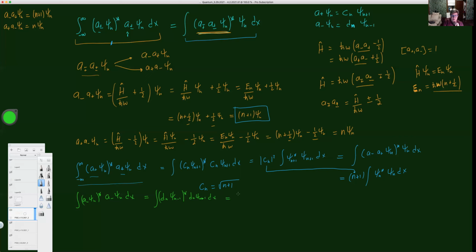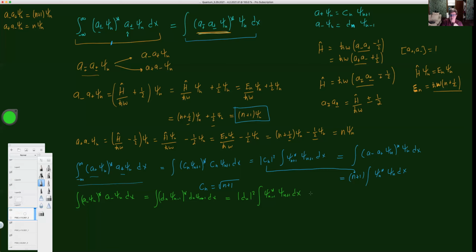Again, that's going to give me dn squared and the integral psi n minus 1 star psi n plus 1 dx.